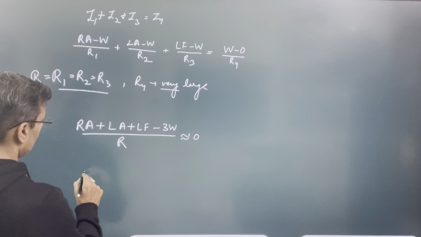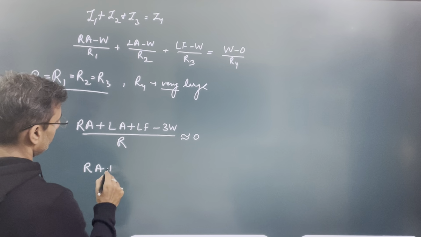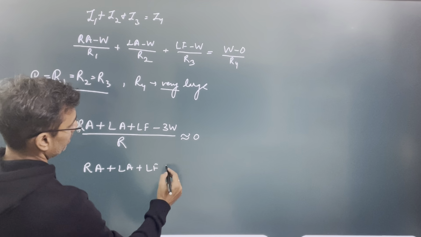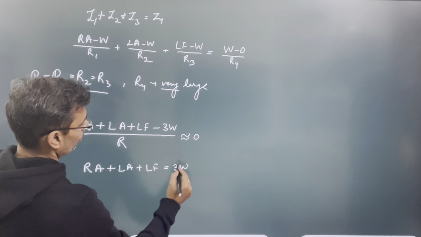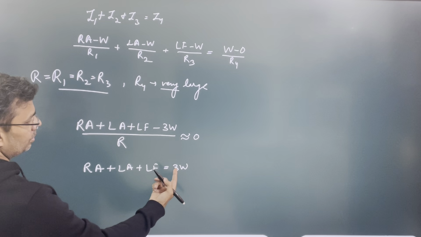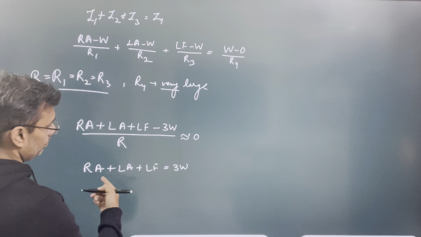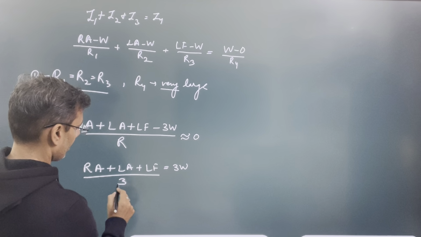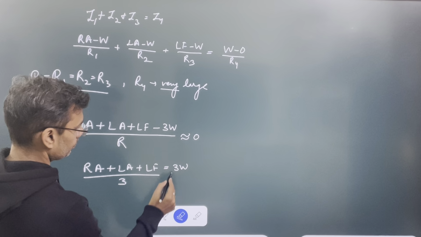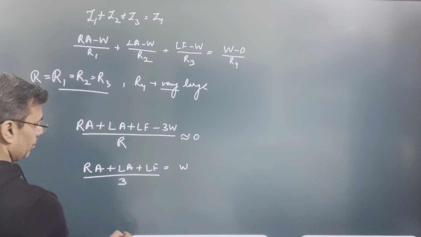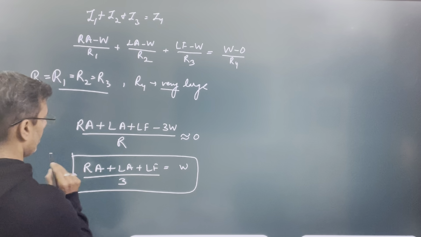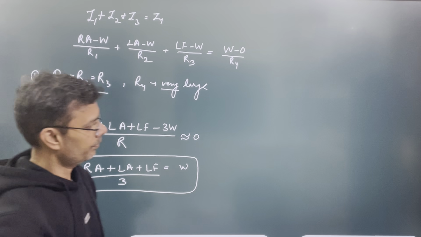What is left is RA plus LA plus LF equals 3W. We will take this 3 below these terms. What we get is this. So this is the value of W.